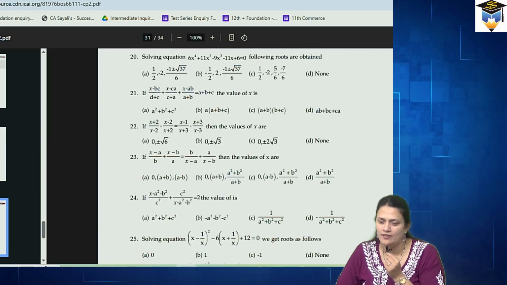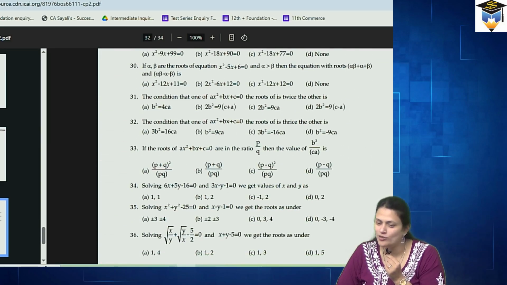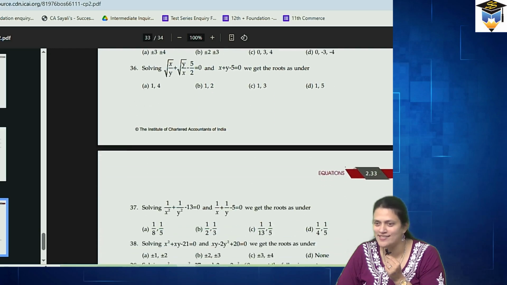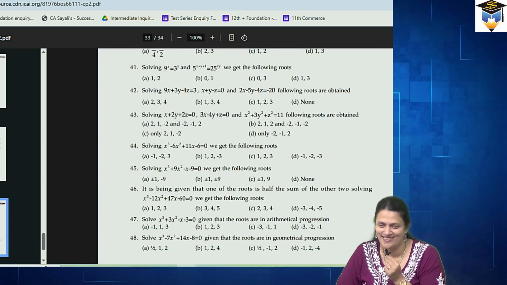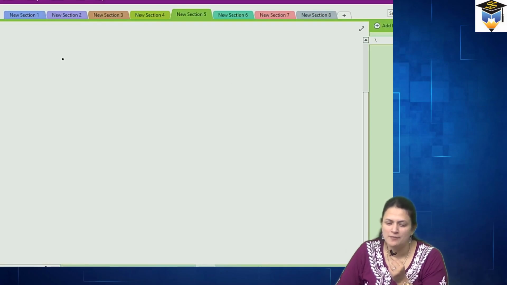Cubic, we will solve one sum from cubic. I like it. Do you like the cubic equations? Let's solve the 44th one. X cube minus 6x square plus 11x minus 6. We'll solve one. Please tell me the sum.